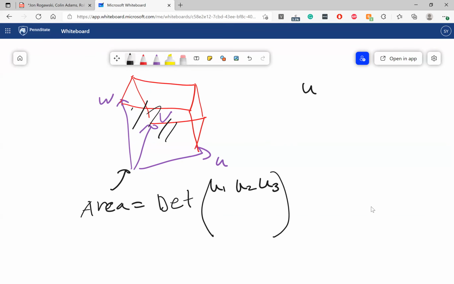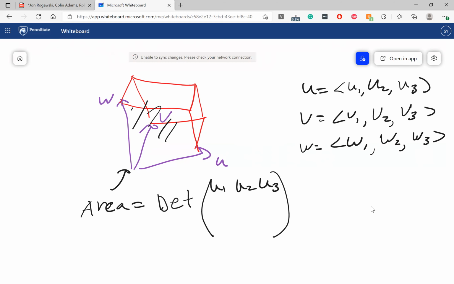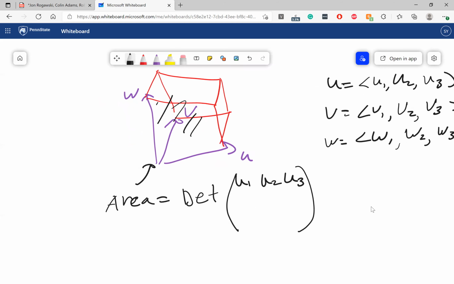So we imagine U is equal to U1, U2, and U3. V is equal to V1, V2, and V3. And W is equal to W1, W2, and W3. So if we have these 3 vectors, then the parallelepiped spanned by these 3 vectors is the determinant where you put U on the first row.